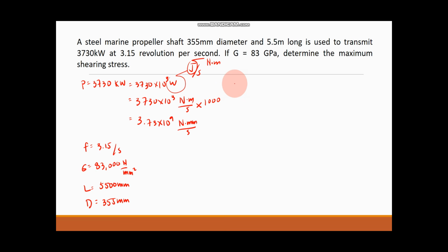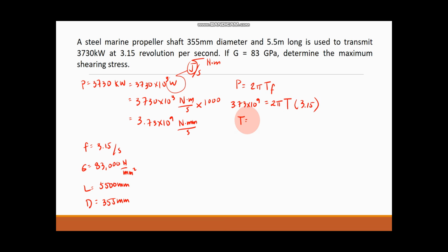So I have introduced to you a while back that the formula for power transmitted by the shaft is equal to 2 pi multiplied by torque multiplied by the frequency. So substituting the given on this formula, so magiging 3.73 times 10 raised to 9 is equal to 2 pi. Yung hinahanap natin na torque multiplied by the frequency, which is 3.15.